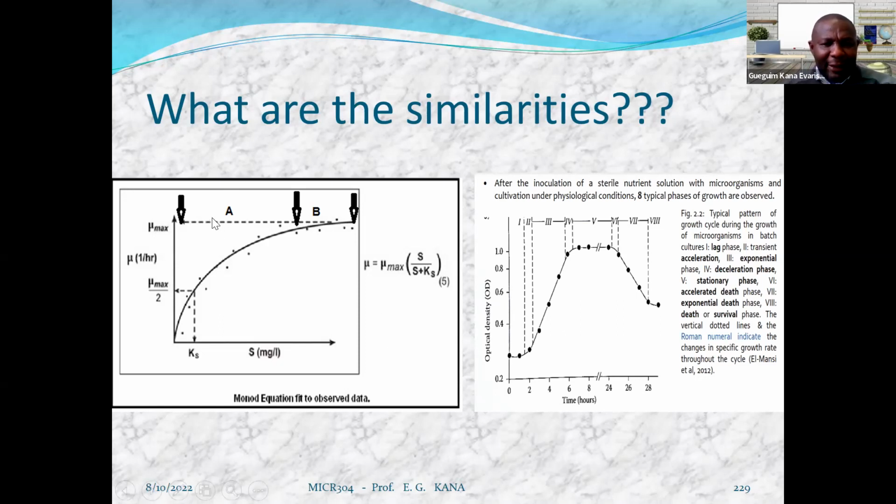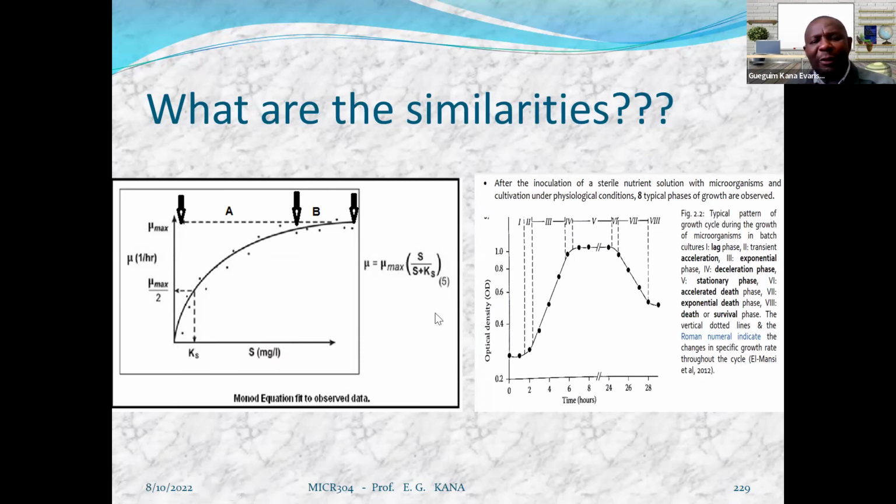The segment A that you have here is what is within this range. Compared to the microbial growth curve at your right, segment A corresponds to which stage of the growth?